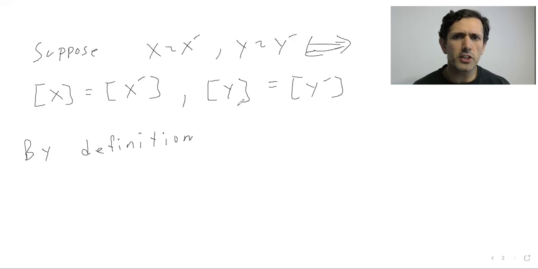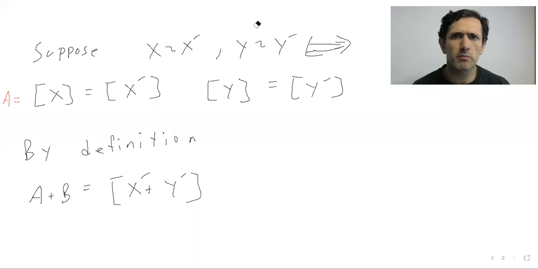So by definition, A plus B, we said, was this right here, because this is what A is, and this is what B is.